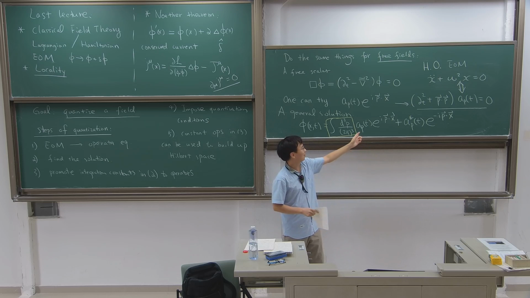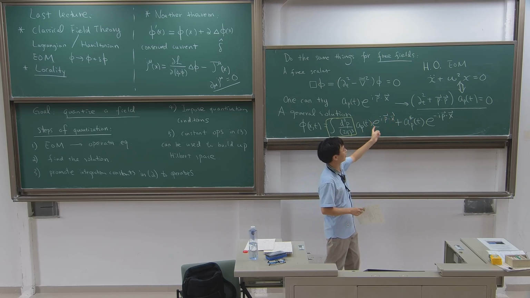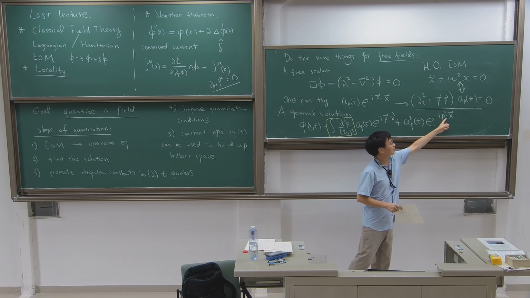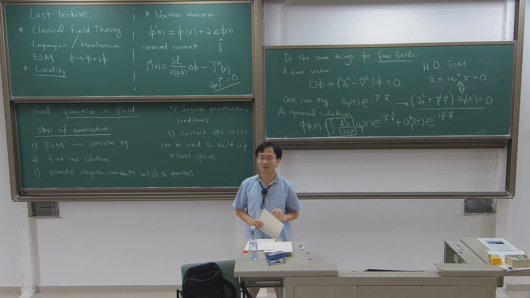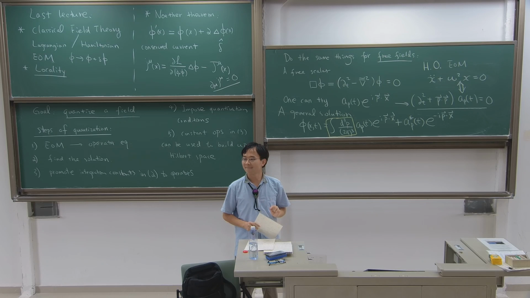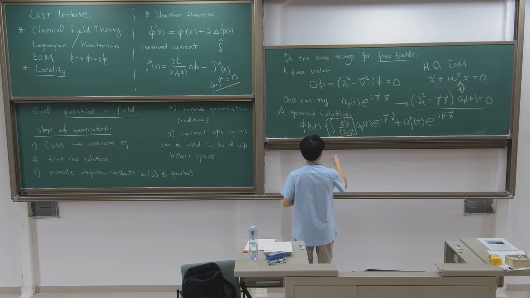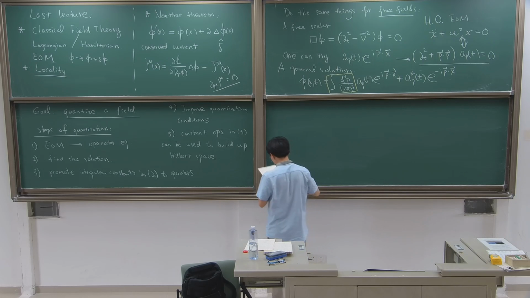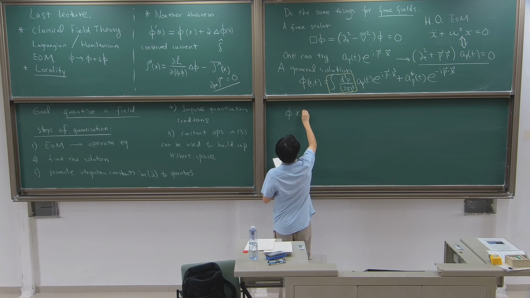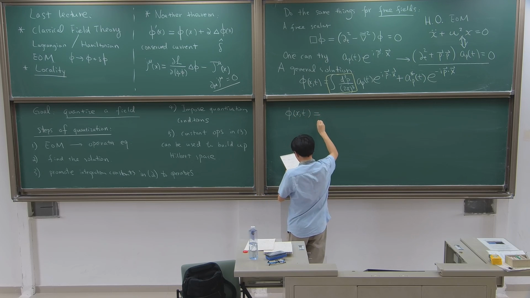I can make the exponent the inner product of 4-vectors rather than 3-vectors. Just observe the time-dependent factor; you can easily achieve that. That means the same general solution can be written in another beautiful form.